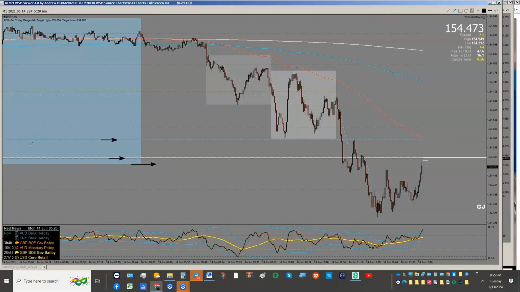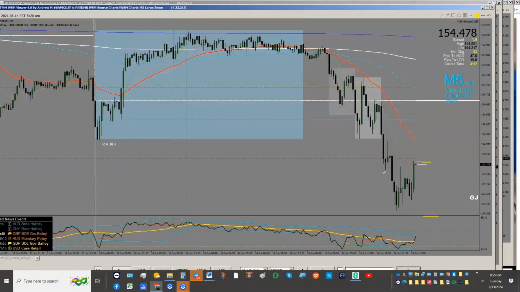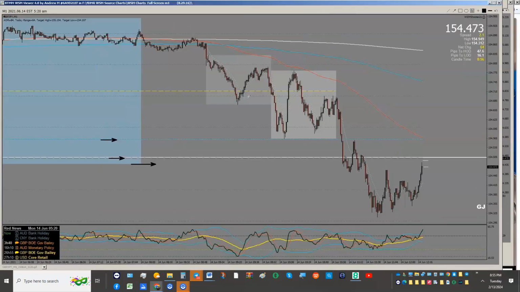Sometimes the Asia box will be skewed on the M1 chart. I want you to be focused, obviously, on either the 5 or the 15-minute chart, but you can see how we dropped way down here. So this M1 chart is a little bit skewed in terms of where the Asia box started. That's to be expected. Okay, so again, our Asia box was just a touch higher on the other charts.